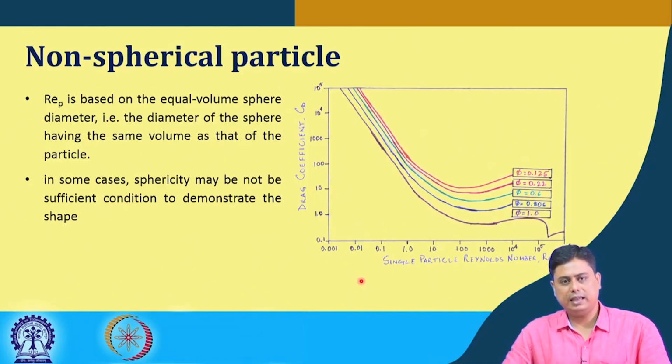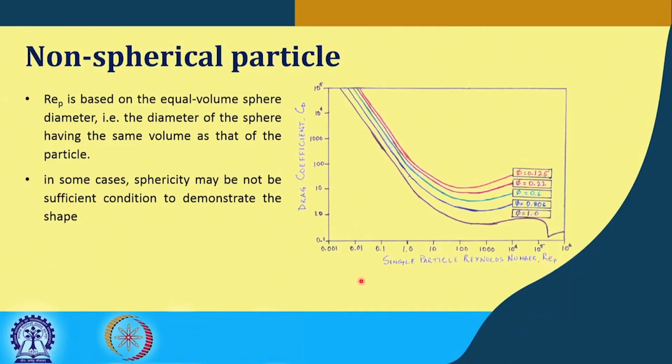Because here you can understand when it is settling or rising, it is the displacement volume or the buoyancy force that becomes one of the determining forces. So it is the equivalent volume of the sphere that matters. Okay, so REP is typically based on the equal volume sphere in this case, the diameter of the sphere having the same volume as that of the particle.